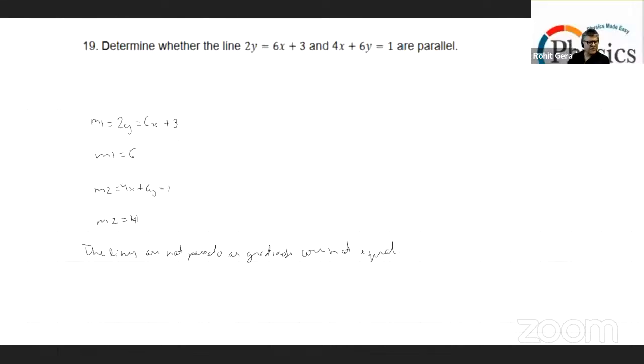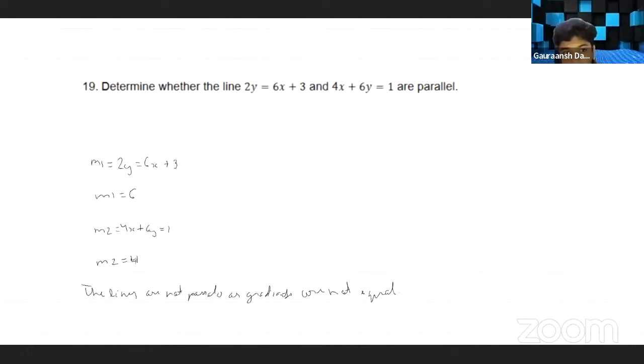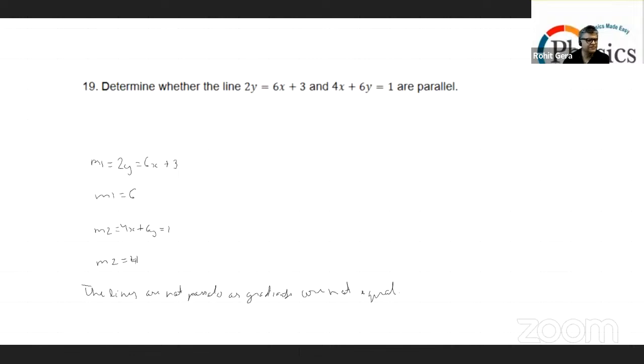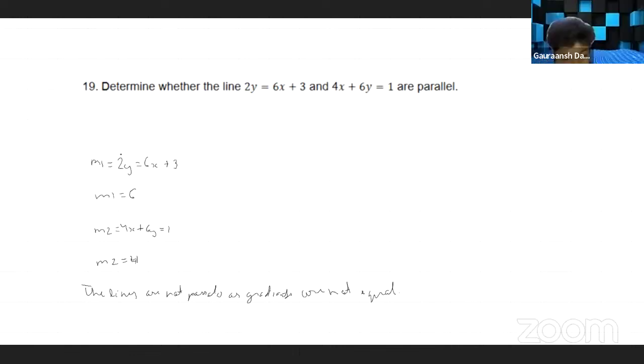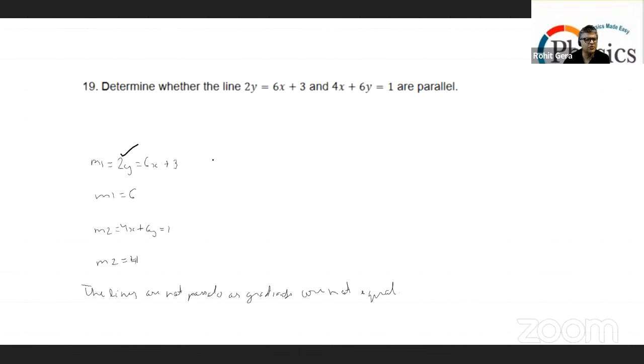So you found m1. No, not correct. The equation should be y is equal to mx plus c. This is 2y equal to, so you should have changed it to y is equal to 3x plus 3 by 2.